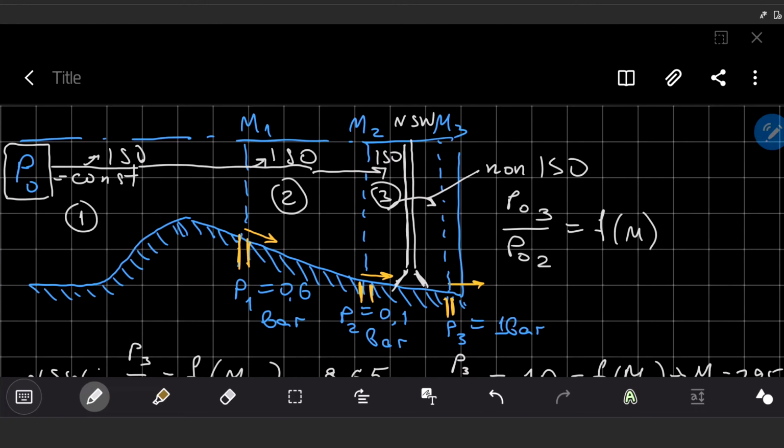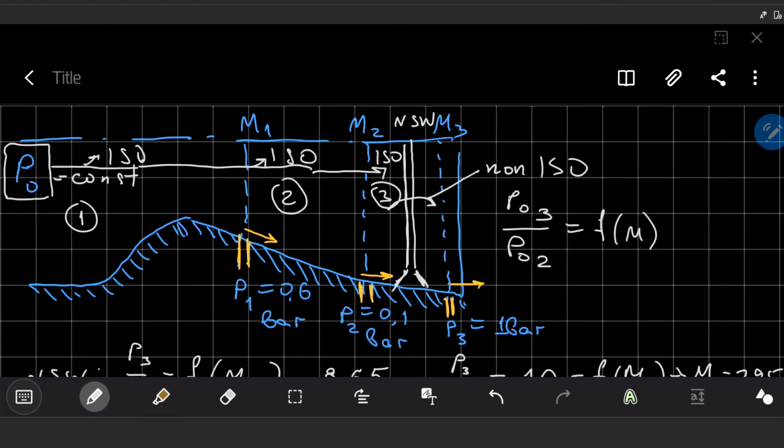Now, since we know these values, we can also calculate the temperature. To know the temperature, we need some reference temperature at some point. It's not so important where we define the temperature, because we can calculate from one point to another, and for us it is absolutely irrelevant where this point is placed.